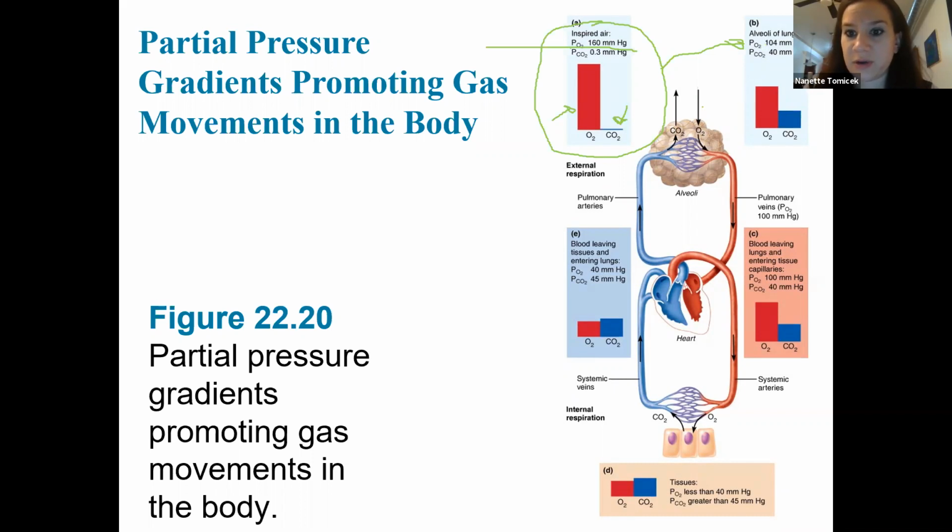So there is going to be pressure for the oxygen to diffuse from the atmosphere into the alveoli. They're going to cross that alveolar membrane and actually get into those alveolar capillaries. So now there's pressure to diffuse inside the capillaries. We have a very high concentration of O2.